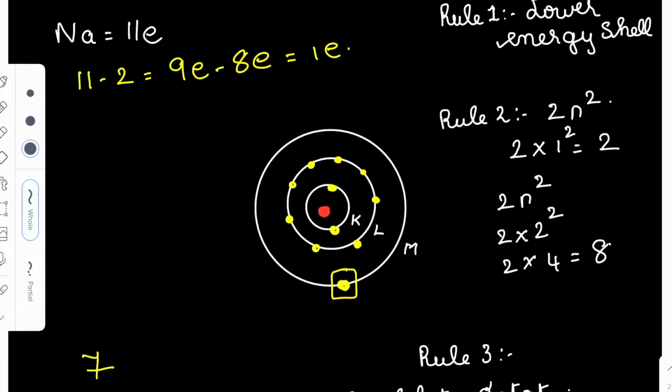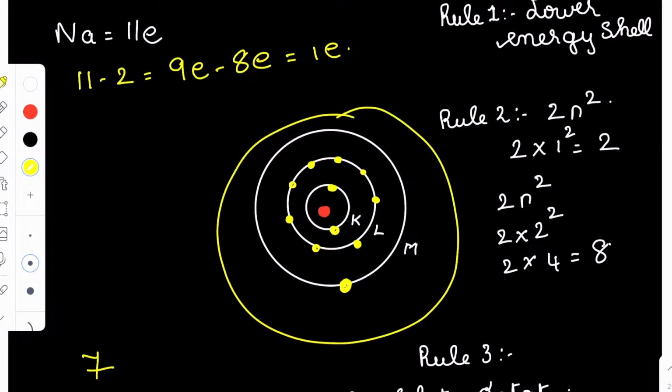So, is the valence and valence electron clear? The electron in the outermost shell waiting to combine with other electrons to complete the octet is called the valence electron, and the outermost shell is called the valence shell. All right.